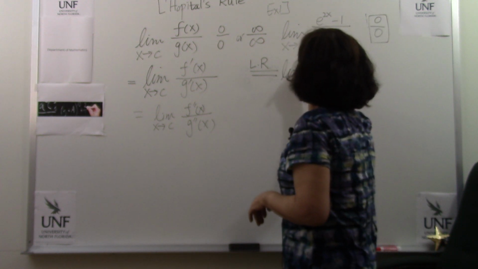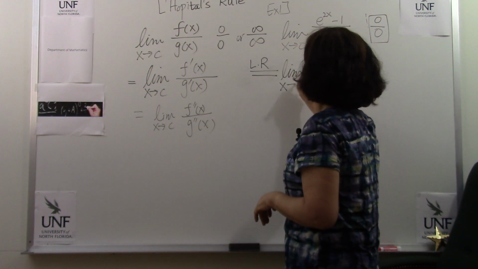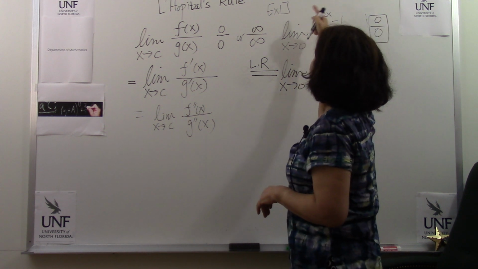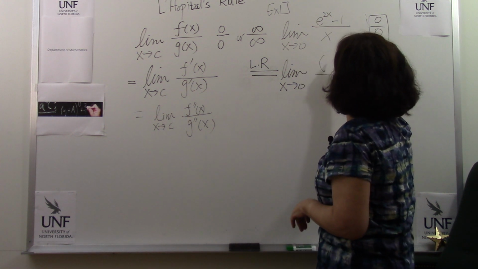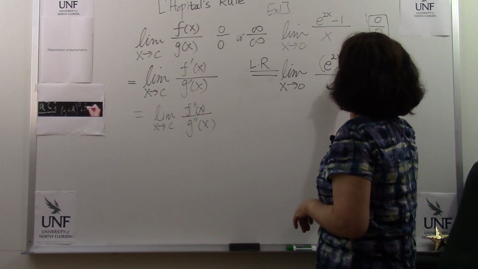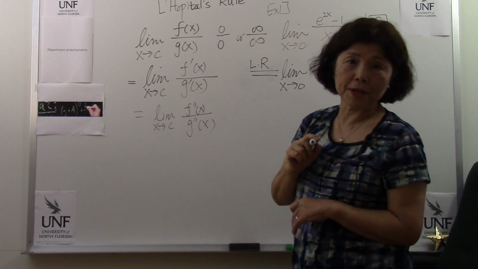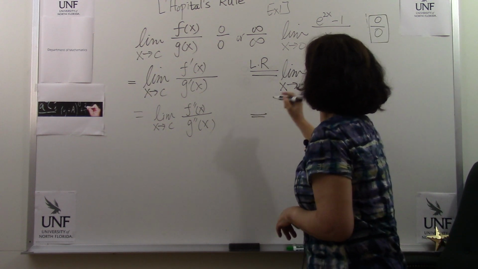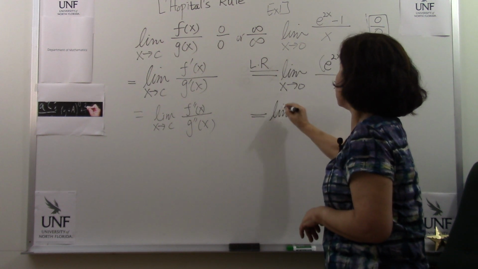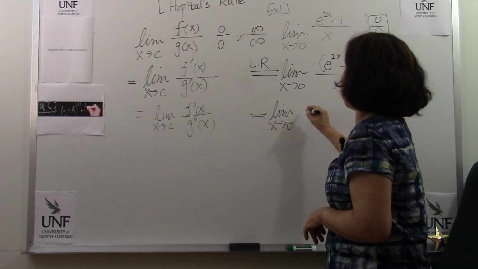Well, what does L'Hopital's rule say? If this is this, therefore we differentiate it. So I'm going to just first time, e to the 2x minus 1 prime over x prime over here. So that is, L'Hopital's rule was applied over here. So at this step, we just differentiate it.